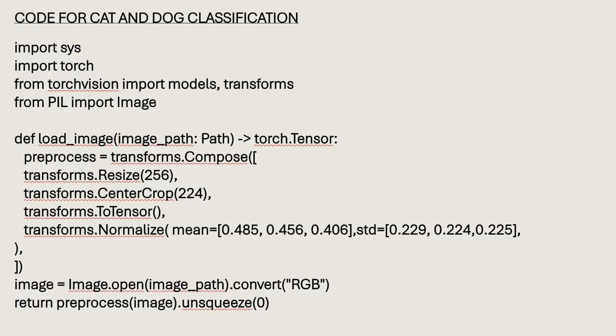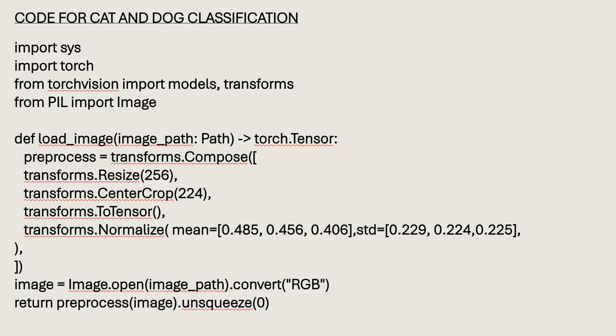So then that is a function inside our function, so that now the actual function is getting executed on this line, image equals image.open. So image path. Whatever image we have passed will first be opened and converted into RGB format.